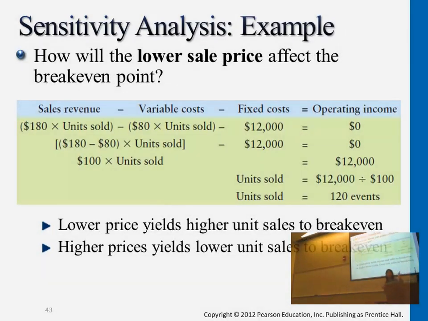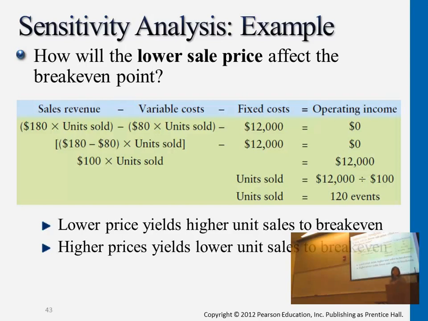Let's say variable costs remain the same, 80. Fixed cost remains the same. But for each and every unit, we only sell it for $180 now. Okay, let's say the economy is not doing well and we're not meeting enough sales revenue as we planned to. And we decided to give customers some discounts, just selling the event for $180.